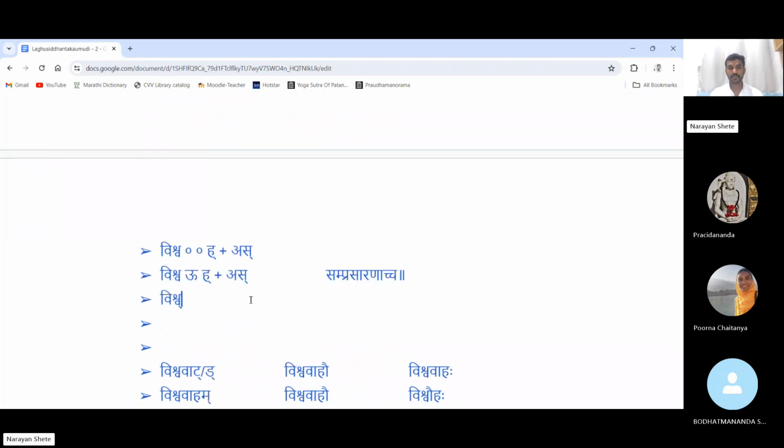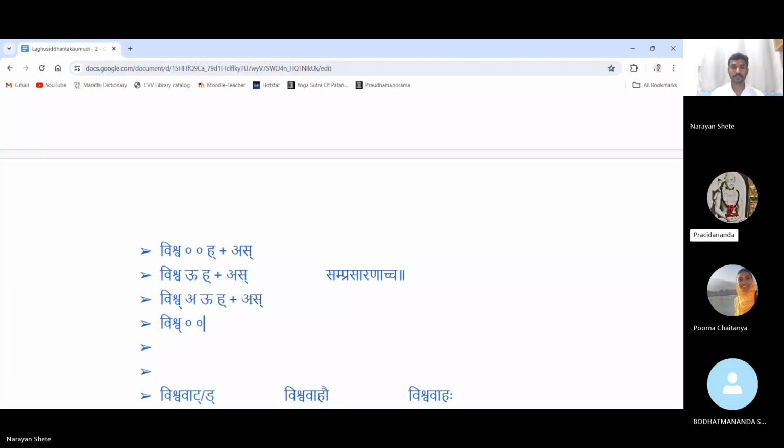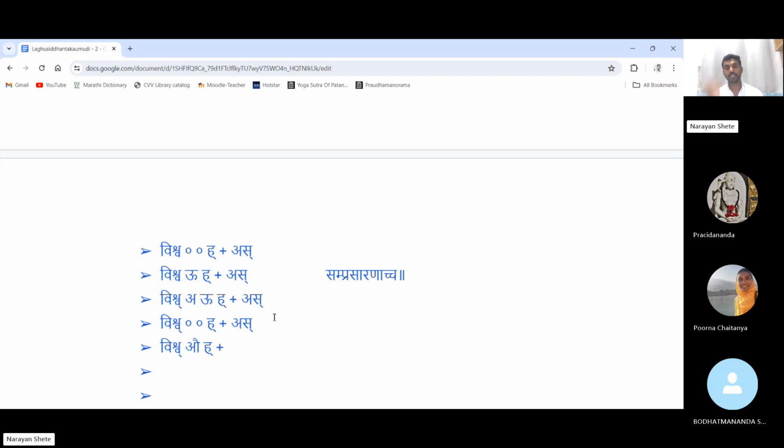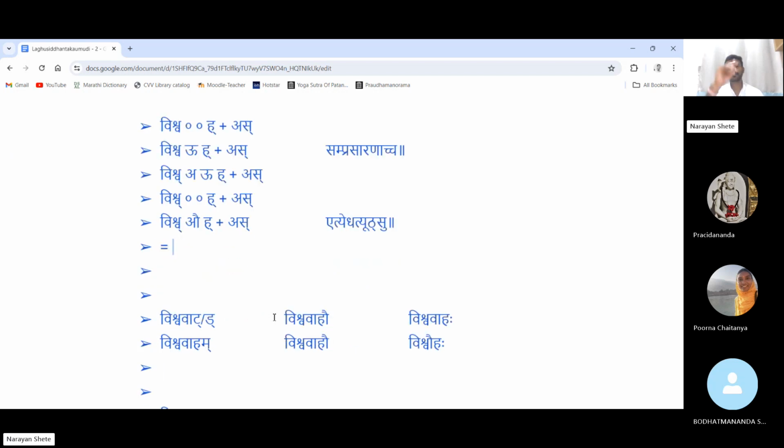Then between vishwa akara and ukara, another sandhi will take place. Vriddhi happens by etye dhatyutsu. Guna is prapta, but that is badhita by etye dhatyutsu. And kharavasanayor visarjaniyah. The form is vishwauhah.